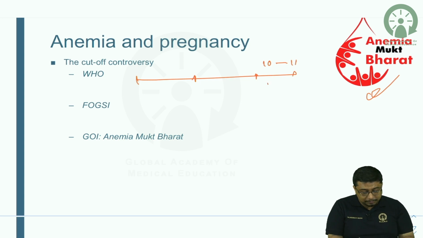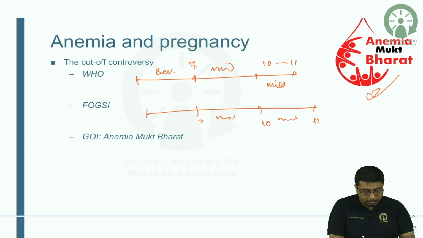So 10 to 11 is mild, 7 to 10 is moderate, and below 7 is severe. That is what WHO says. Now what FMGE additionally says is 10 to 11 is mild, same, 7 to 10 is moderate, then less than 4 is very severe, and 4 to 7 is only severe.